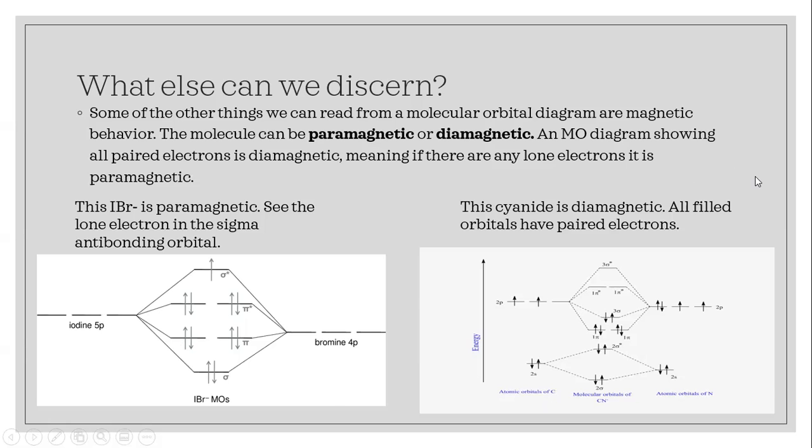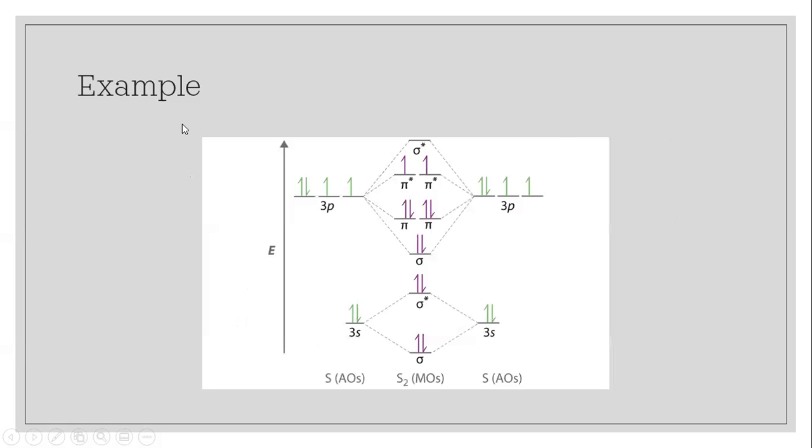So let's move on. Here's some examples. I'm just going to use the same ones from the bond order because it's helpful. I'll give you just a few seconds to see if you can figure this out. Okay, so here, the first thing we'll look for is the HOMO, the highest occupied molecular orbital.